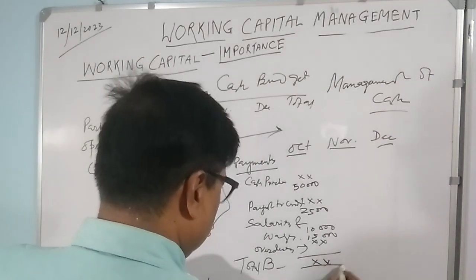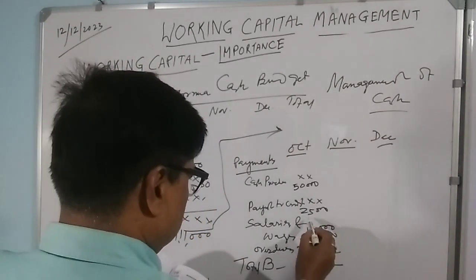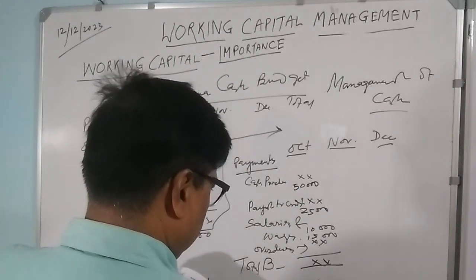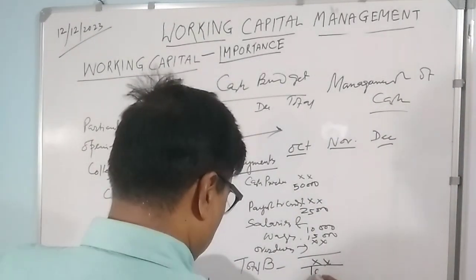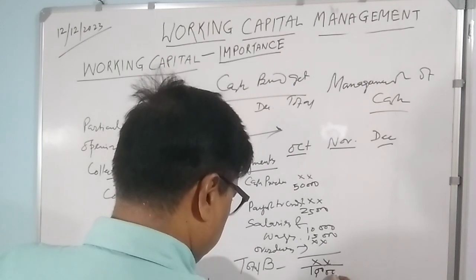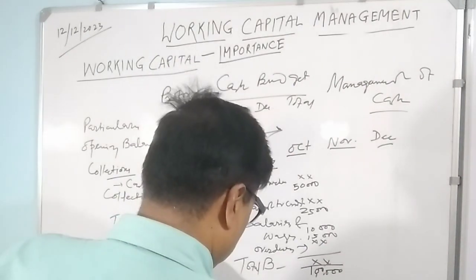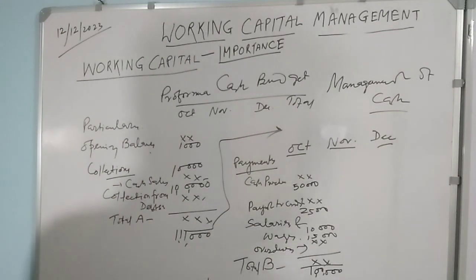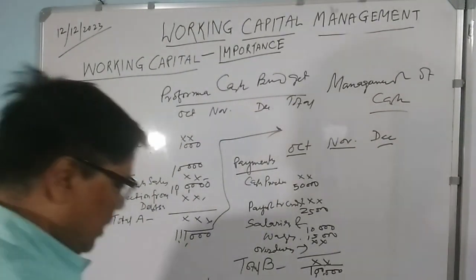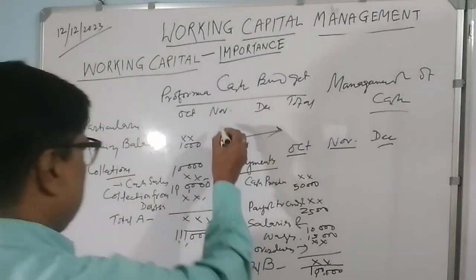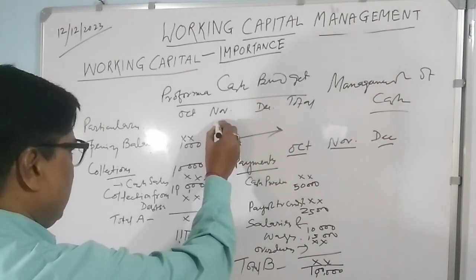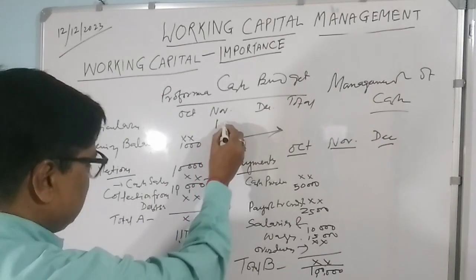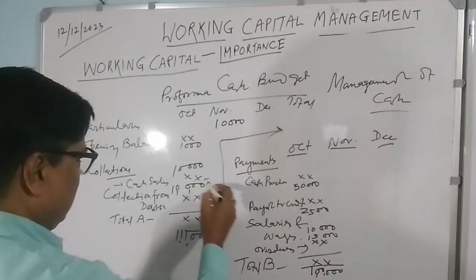So your total B payment will become 1 lakh. So your closing balance will be 10,000. So this October month, whatever your closing balance of cash, that will be the opening balance for your November month, that is 10,000 you have to start with.